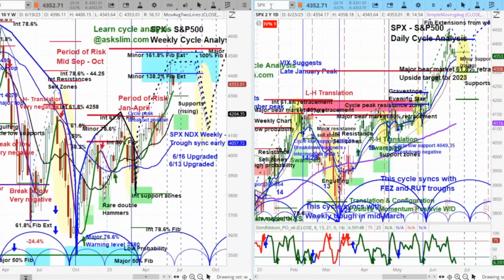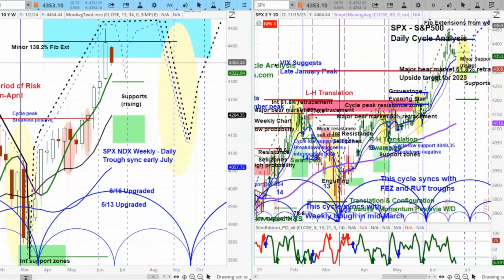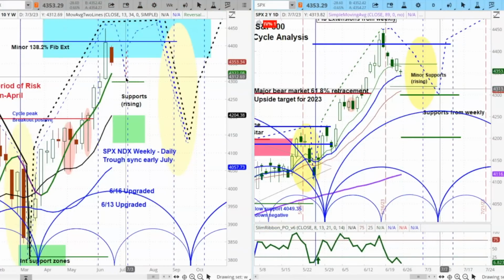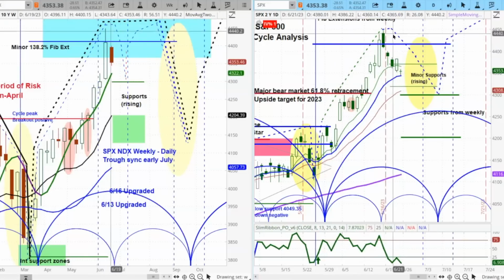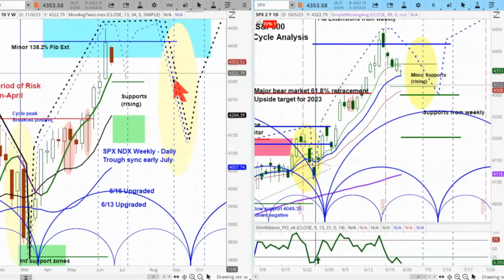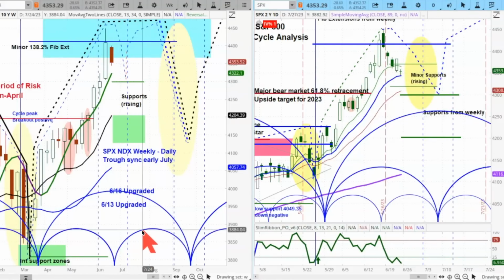That's why, looking at this side by side right over here, you can see what we're looking at: this corrective period right here on the weekly, that's syncing up with this corrective period there on the daily, and then right over here where this minor cycle turns upward.